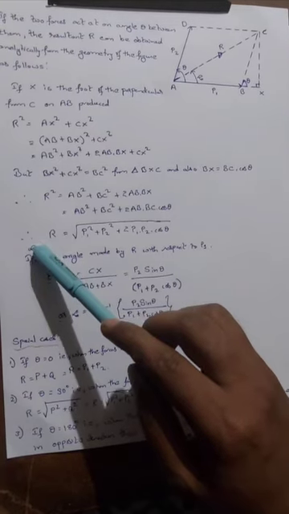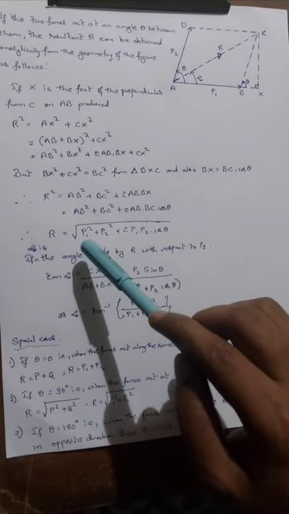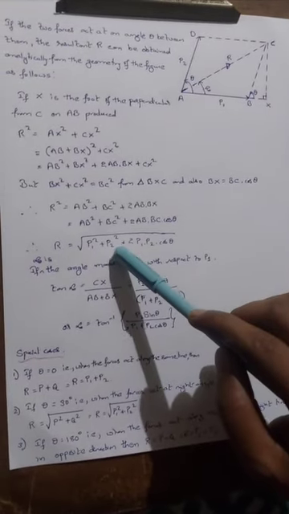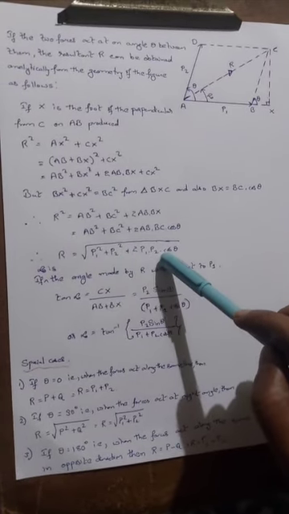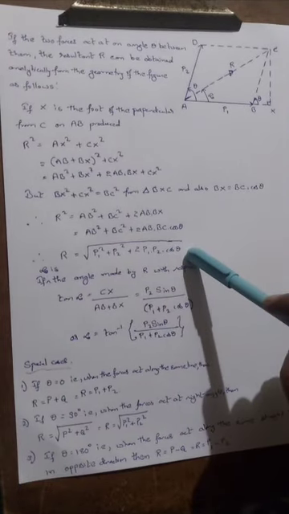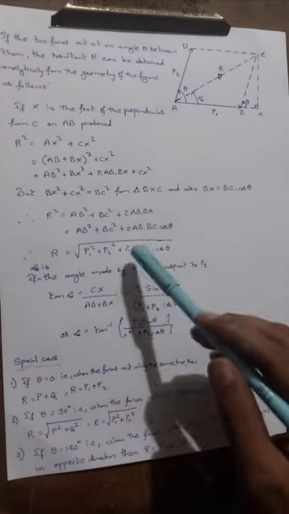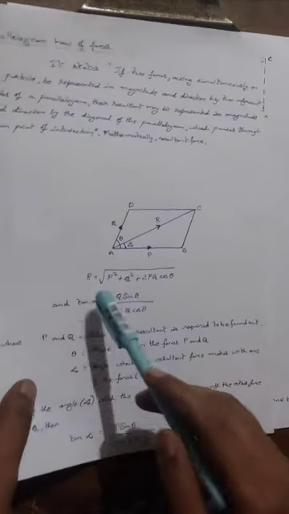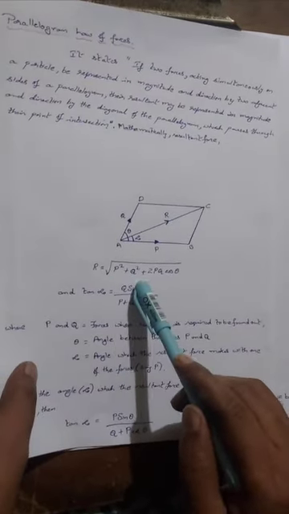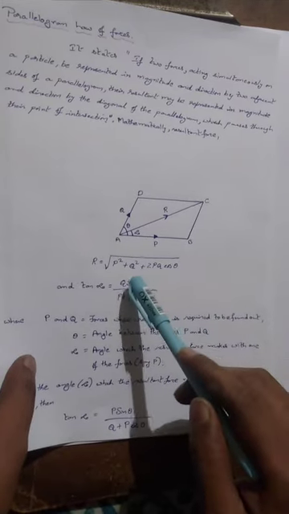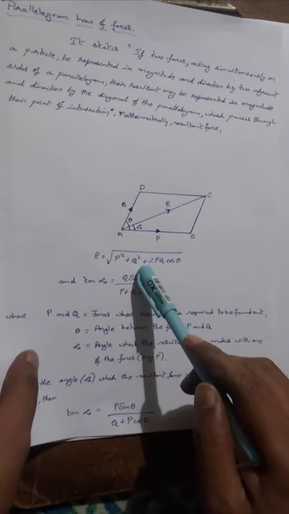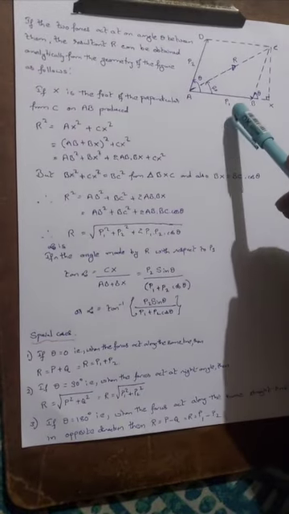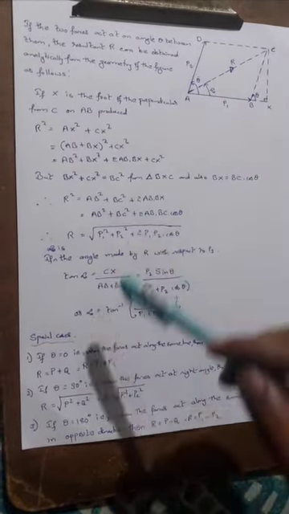Therefore, we get the resultant force R is equal to root of P1 square plus P2 square plus 2 P1 P2 cos theta. This is how we get this formula, R is equal to root of P square plus Q square plus 2PQ cos theta. Here instead of P1 and P2, we have used P and Q.